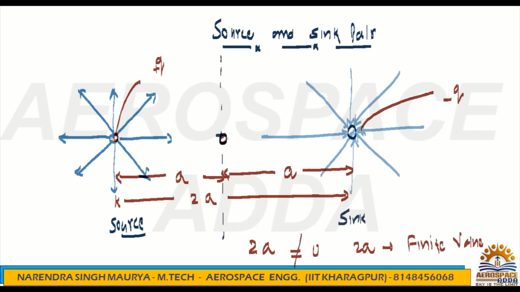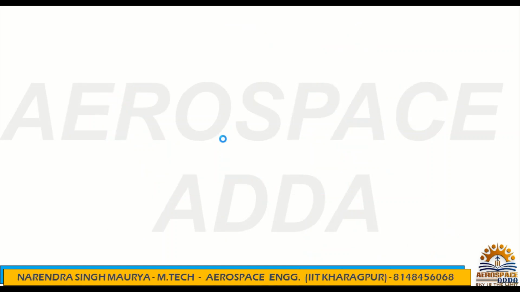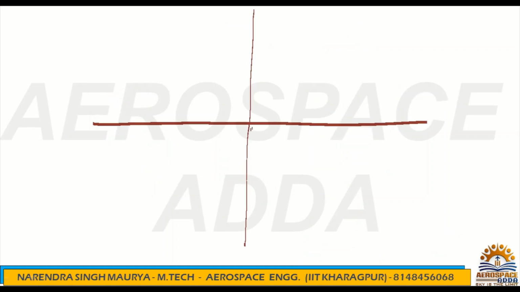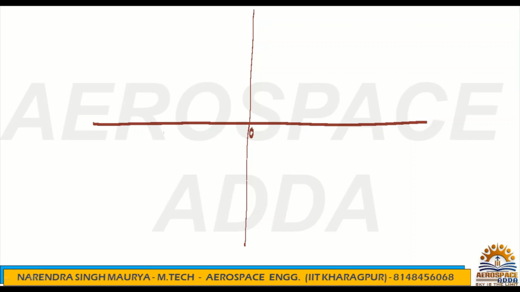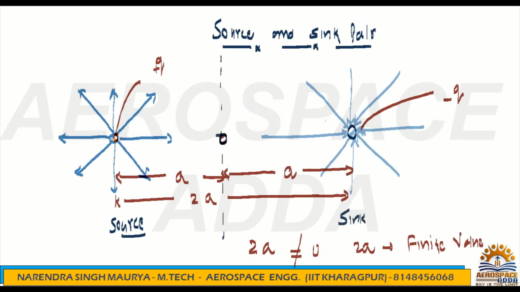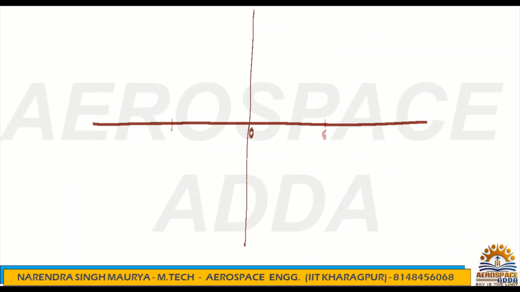See the point, this is O. See carefully, it's very easy and you will understand easily. Source is somewhere here and sink is somewhere here, because both are at equal distance, A and A from O. This is source S1 and this is sink S2.